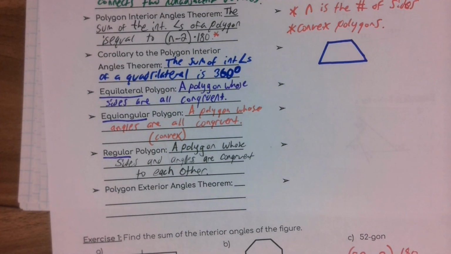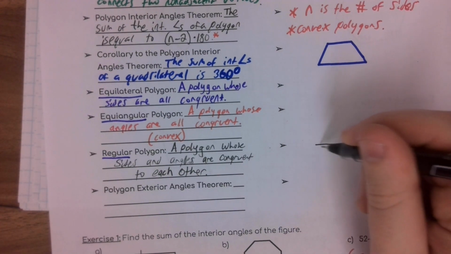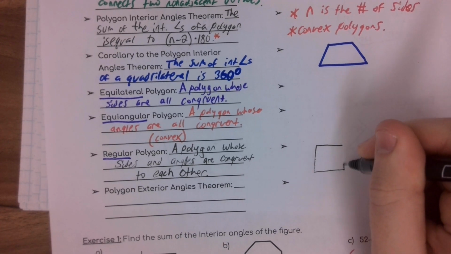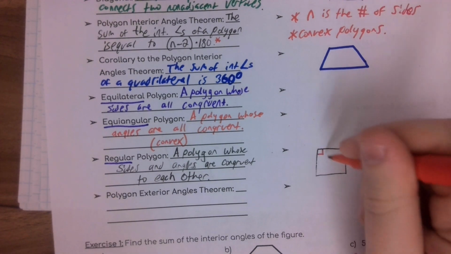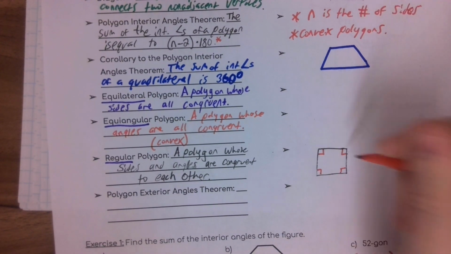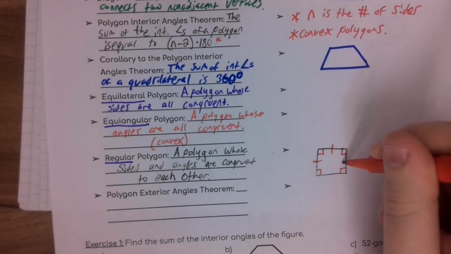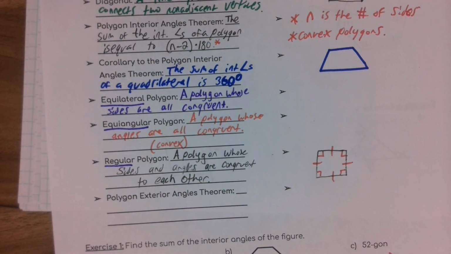A polygon whose sides and angles are congruent to each other. So an example of a regular polygon is a square. In a square, we know all the angles are congruent, all the sides are congruent. It's a regular quadrilateral.